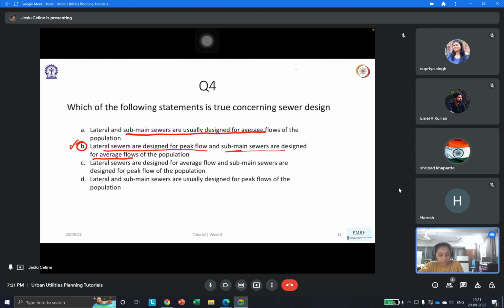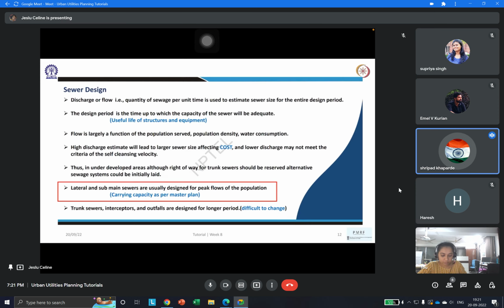Fine. But if mains are designed for the average flow, and from the mains you have the sub-mains coming out, and imagine the peak time happens, then even if the laterals are designed for peak flow, the flow has to come through the main first. No, main is the last, madam.